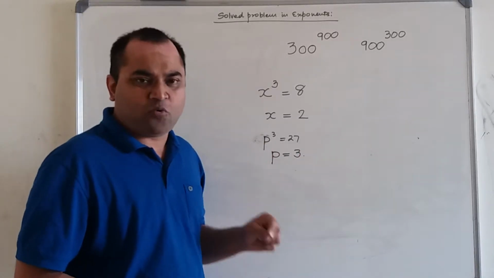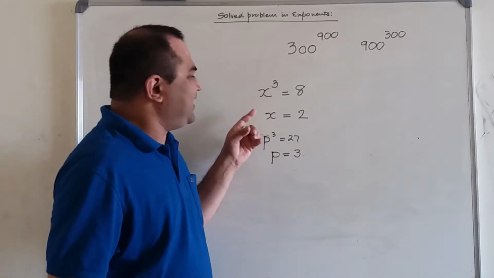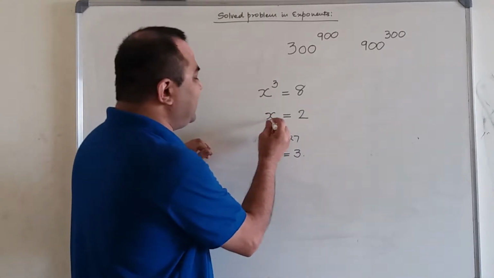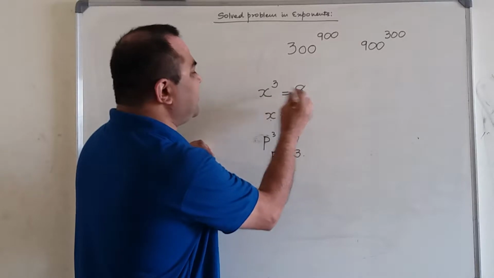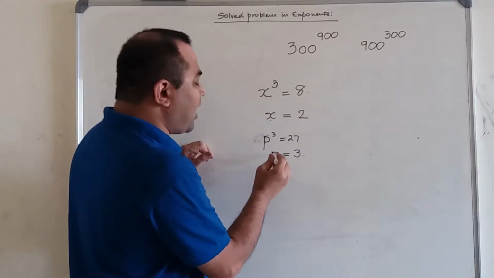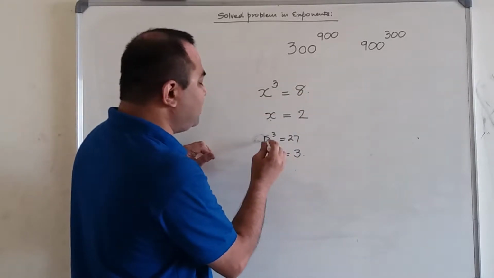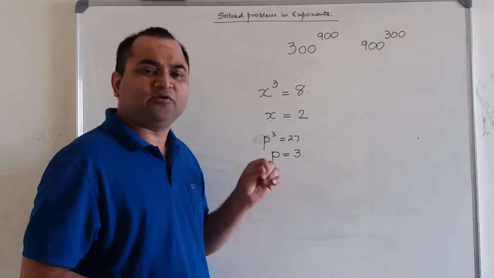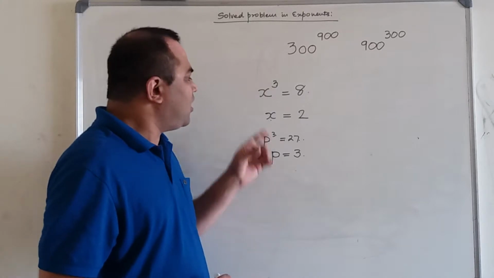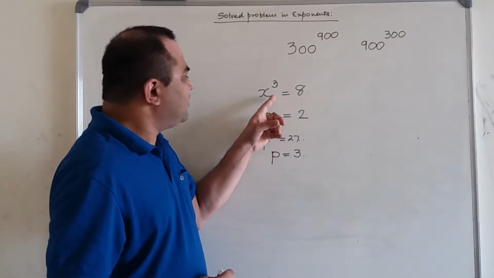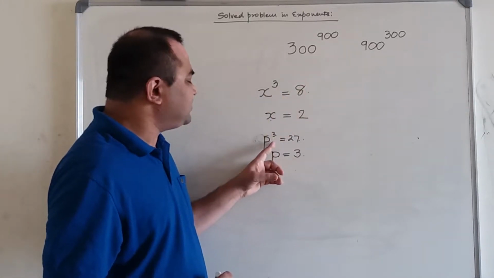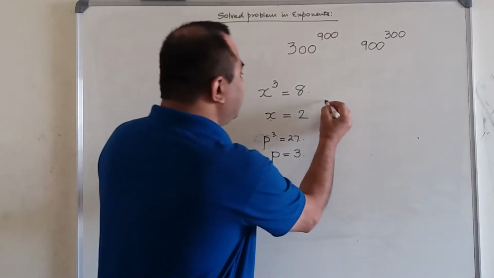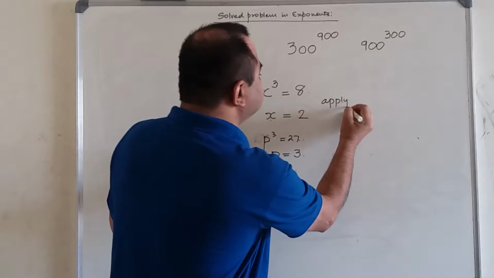Now if I ask you, what exactly is the method you are going to apply for finding x value from x cube is 8, and how do you find p value from p cube is equal to 27? The answer is applying cube root on both sides.